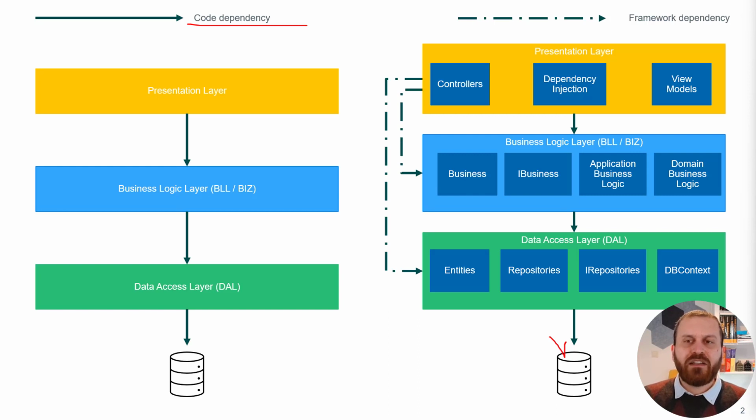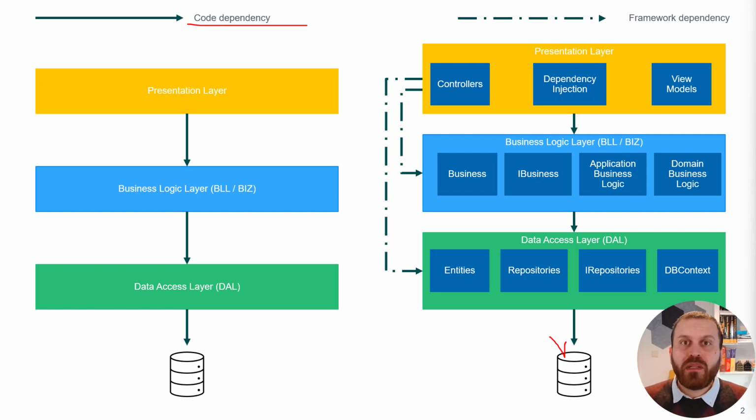And we have another one here. Then in the architecture level, we need to think about not only the code dependencies, but also the framework dependencies. In almost all videos that you see, they are drawing some arrows from one layer to another. What they are showing you is the code dependency, not the framework dependency, because eventually, because of this dependency injection, your startup application should almost have a reference to all your projects.